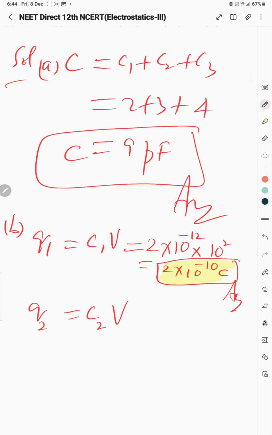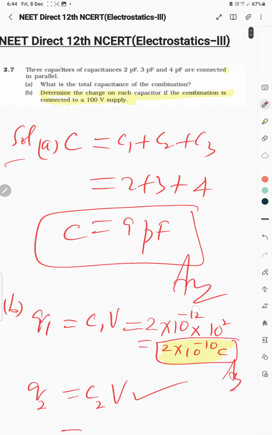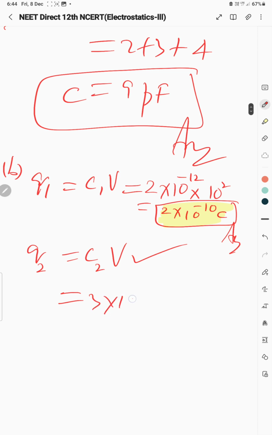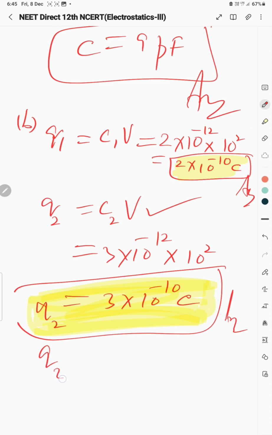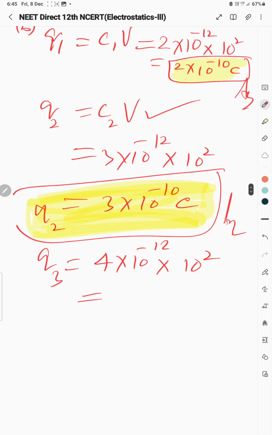Alright, now next C2. How much was the capacitance of C2? 3 picofarad. 3 × 10^-12 into 100. Now you get 3 × 10^-10 coulomb. This is the charge on the second capacitor. And finally Q3, which is 4 picofarad into 100, because a 100 volt potential difference was applied.